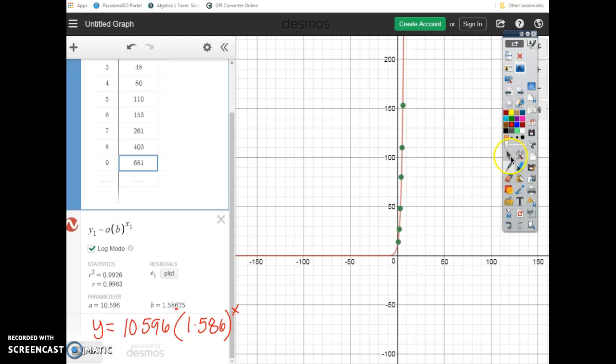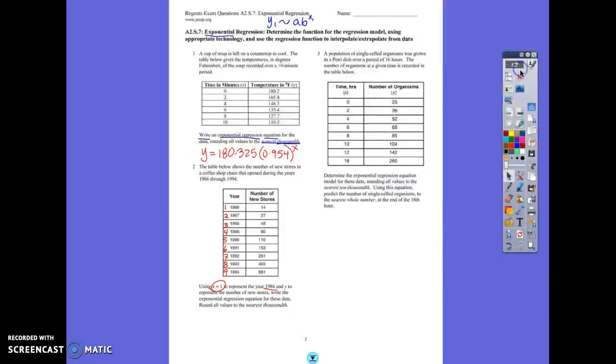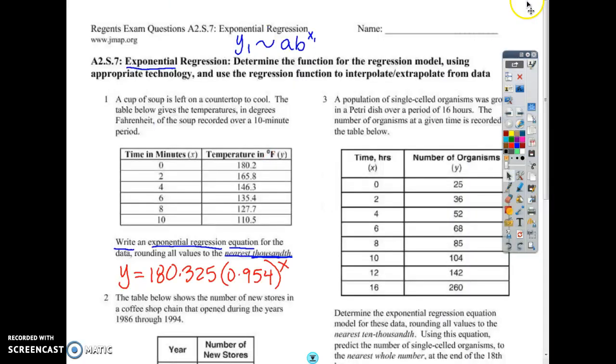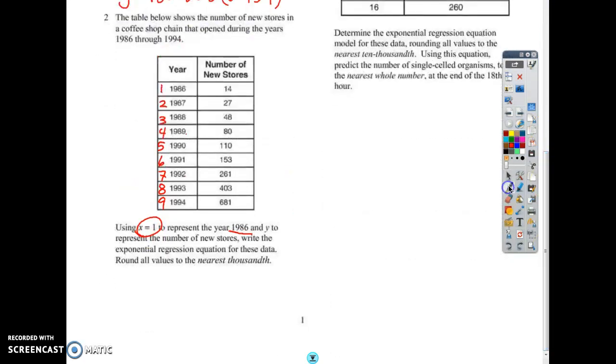Okay? Okay, so that's what we're going to type here. Y equals 10.596, parentheses, 1.586 to the power of x.